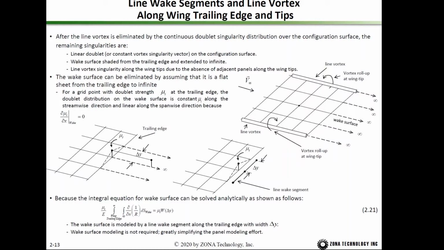This greatly simplifies the panel modeling effort, because along the wing trailing edge you only need to specify a wake segment.